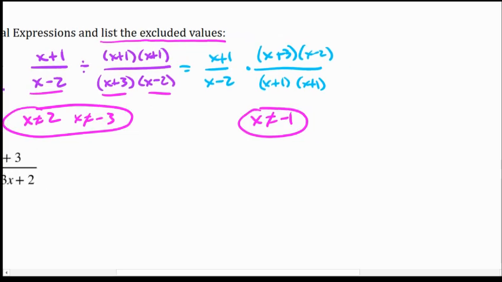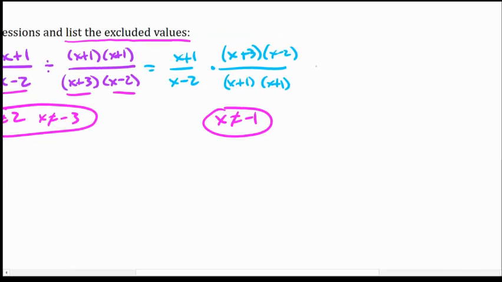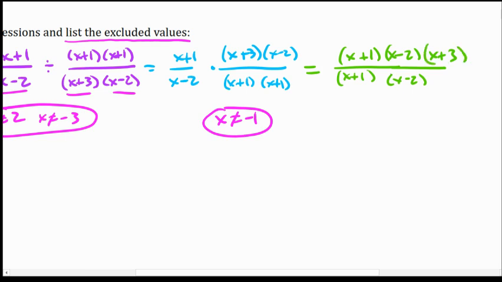To finish the problem, however, I need to put all these together. I'm going to rearrange a little bit. So I got x plus 1 over x plus 1, x minus 2 over x minus 2, x plus 3, and then what's left over is just another x plus 1.